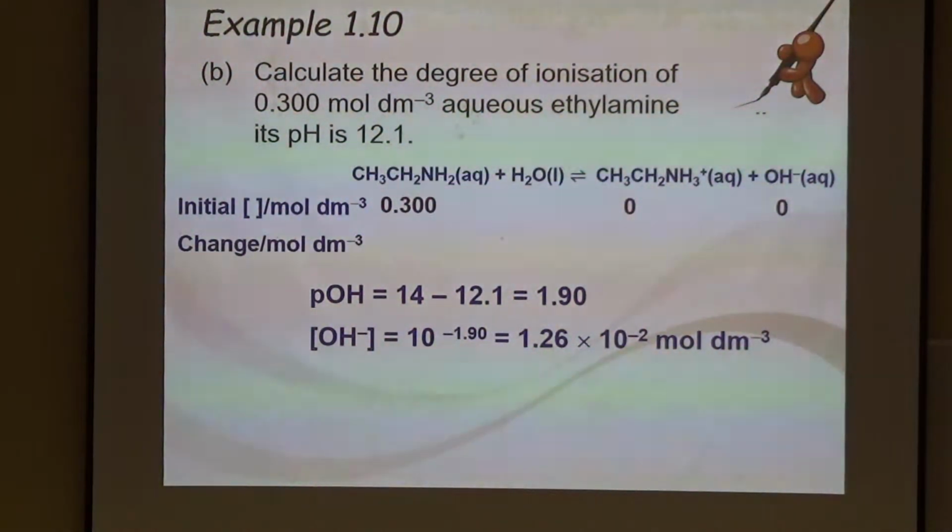Now, in this case, you are given the pH. So you calculate pOH, then you calculate the OH minus concentration. Then you get that.